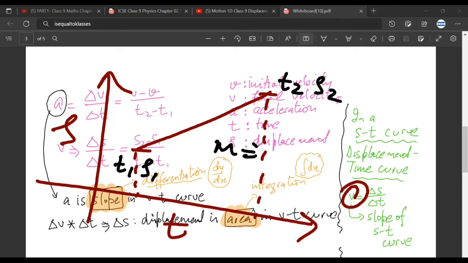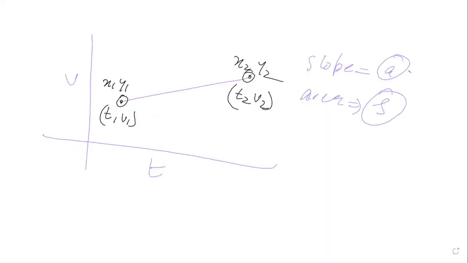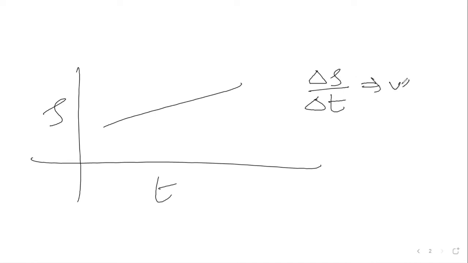The slope would be given by s2 minus s1 upon t2 minus t1, is equal to delta s upon delta t, and delta s upon delta t, displacement upon time, is velocity. So that is why if I am given a displacement time curve, delta s upon delta t would be my velocity. Are we clear? Yeah. Okay.